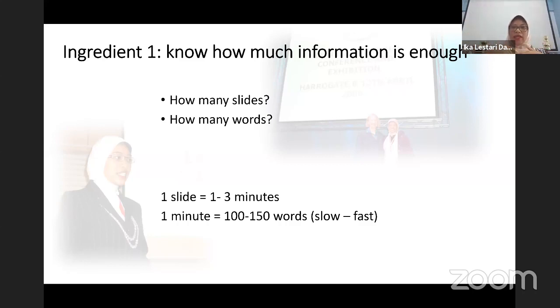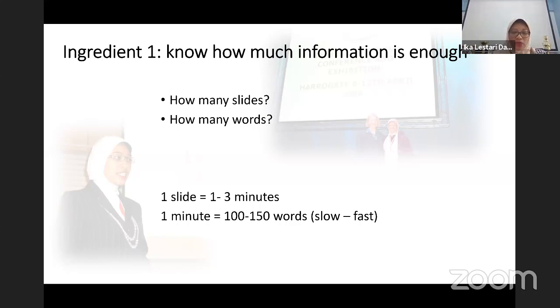In an event like that, usually they already arrange some presentations, so once one is finished, it will be followed by the next one. So it's very important to think about how many slides, how many words, how much information is enough.